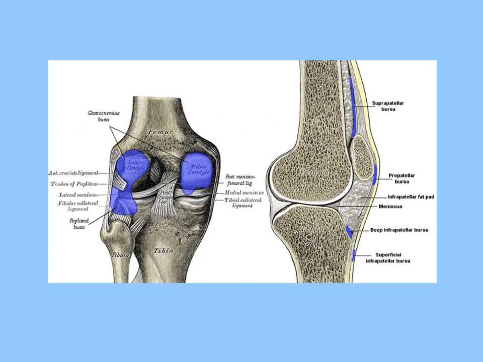Just as in previous joints discussed, the knee has bursae associated with it, which reduce friction. We'll start superior to the patella with the suprapatellar bursa. The suprapatellar bursa is located between the quadriceps tendon and the distal femur.